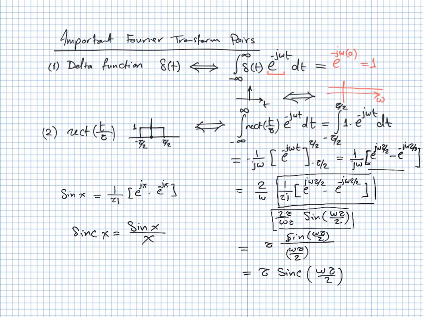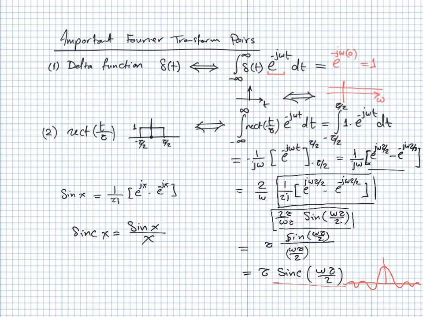And if you look at this guy in frequency domain, it looks like this. I think you already know the sinc function. It looks like this. Okay. So it's symmetric, and it looks like a main lobe with a magnitude.